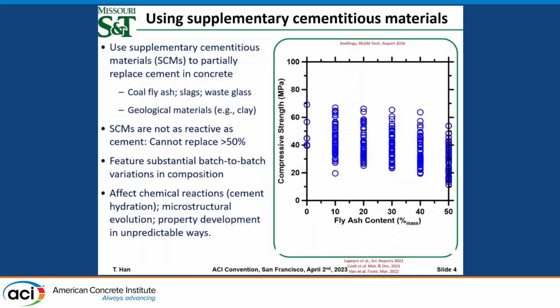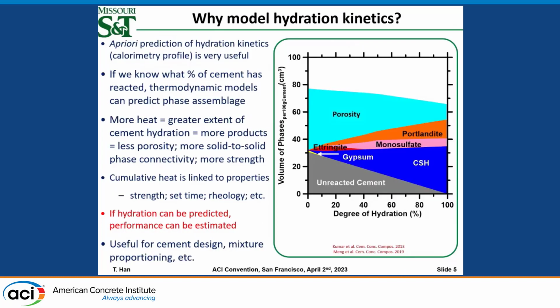So here's the third example. You can see some fly ash can increase compressive strength, some may decrease compressive strength. So in our study, we want to focus on the influence of SCMs on the hydration kinetics of cement, because we think this is one of the most important properties for cement.